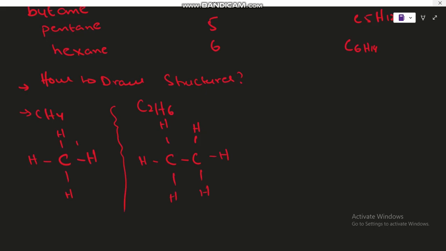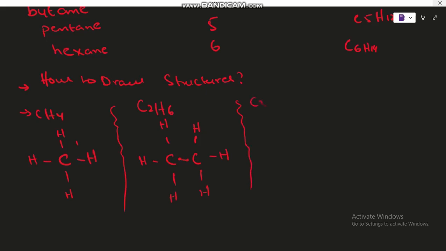Now here, since you have 2 carbons attached to each other, 2 bonds are occupied here and here. So that means these 2 carbons can form only 6 more bonds. So one carbon can make 3 bonds with hydrogen and the other carbon can make 3 bonds with hydrogen. Why? Because 2 carbons that are attached to each other have one bond occupied with each other. Okay, so this is C2H6.